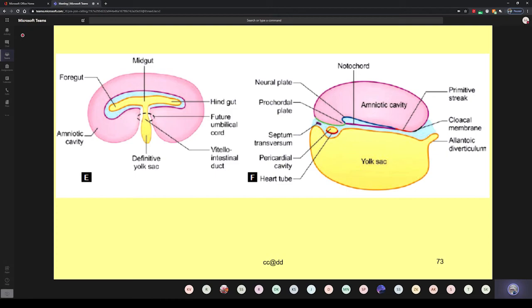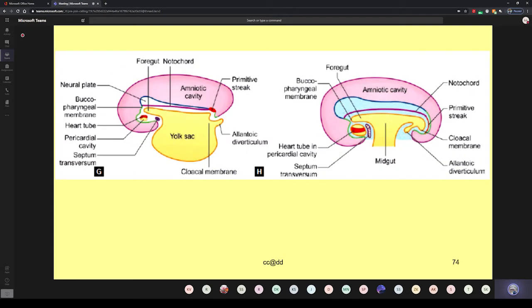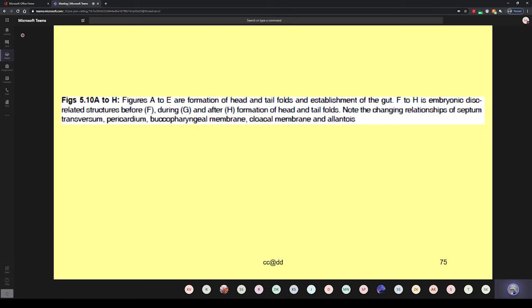It's very easy to understand once you have the sequence, right? So let's keep going, because the pictures slow down the presentation in these modalities with a very unstable net, right? So each of these pictures will help you understand what I was telling you about the resorption of the yolk sac and the formation of the gut tubes, right?